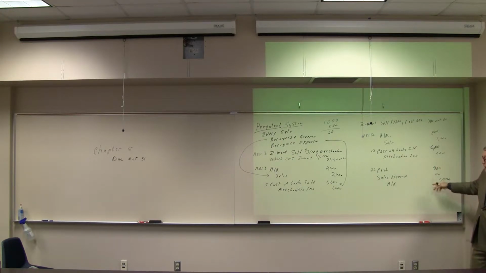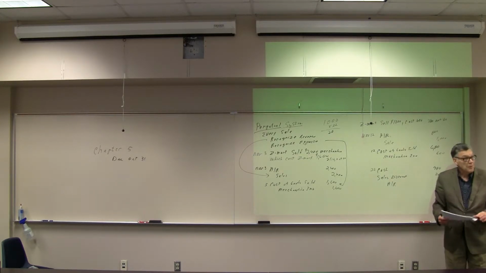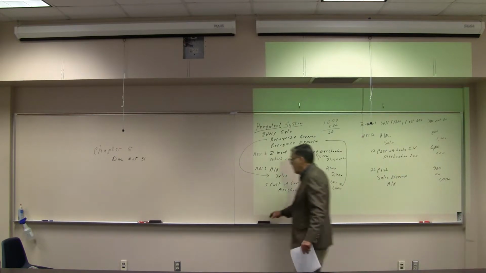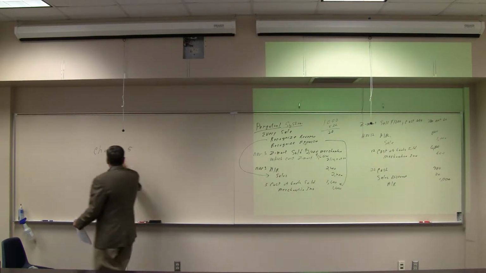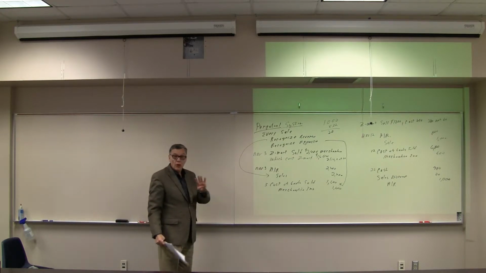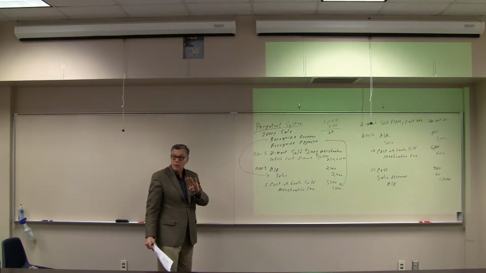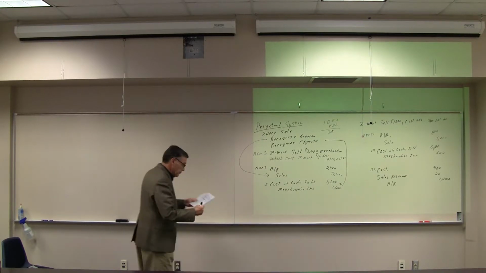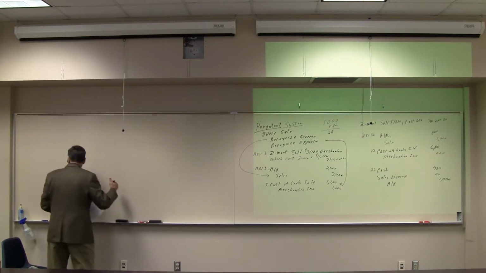At the end of this, the net sales would then be 980. Sales minus sales discounts. That sounds good? Okay. All right. Now, let's go to sales returns. Now, the thing about it is, sales and sales returns, both of those have four entries.